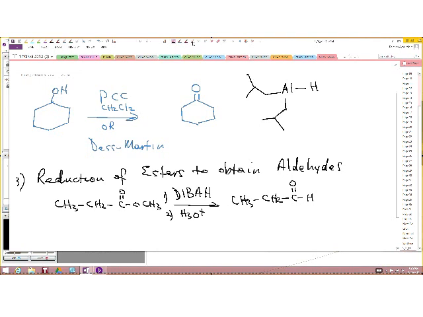We call this diisobutylaluminum hydride, and we use the acronym DIBAH.